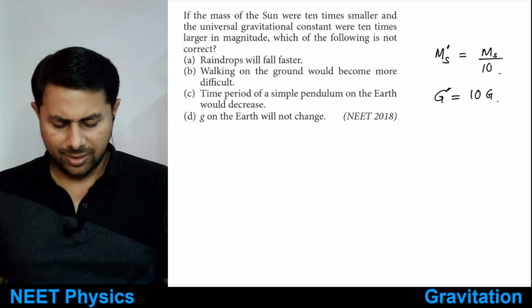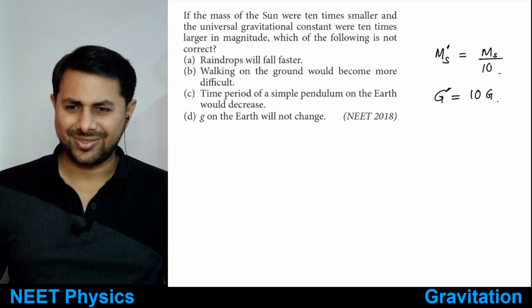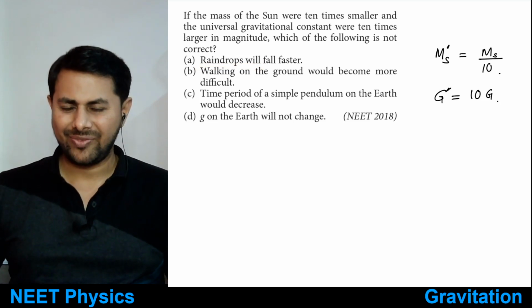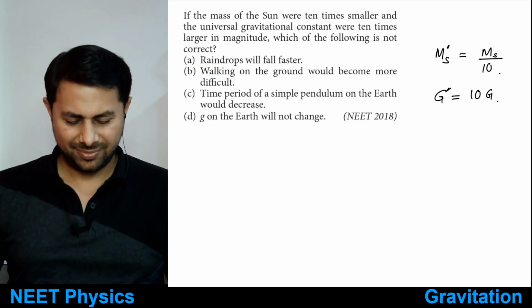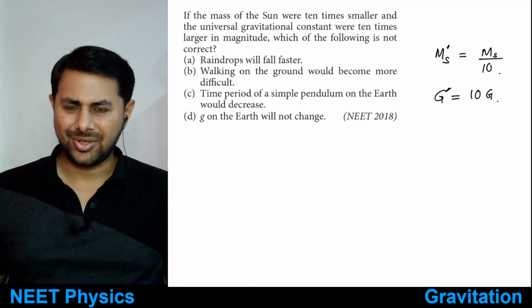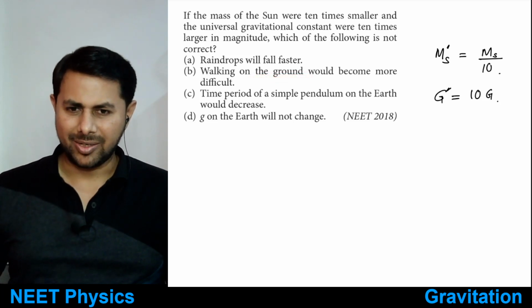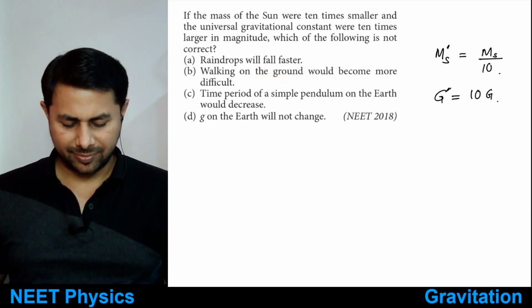Tell me. Raindrops will fall faster. Is it correct? Not correct? Walking on ground would become more difficult. Option D, let's check.